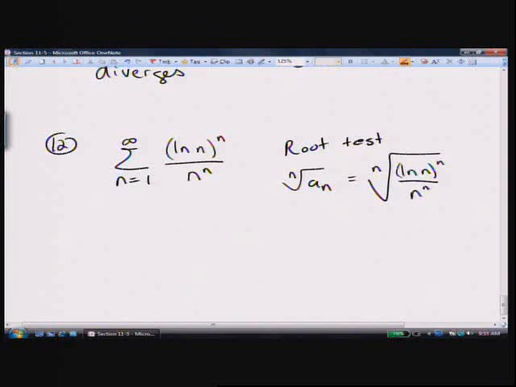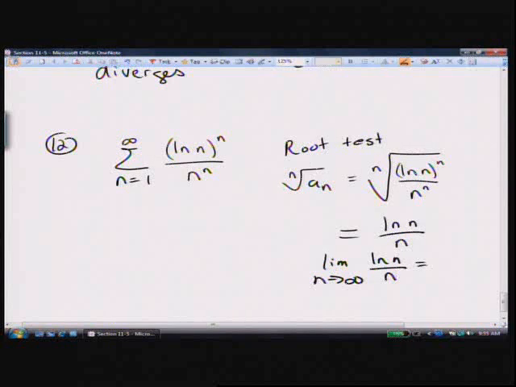I wish there were more n's in this problem. All right, so this is ln n over n, right? And so what is the limit as n goes to infinity of ln n over n? Yeah, remember ln n is like the world's slowest function.